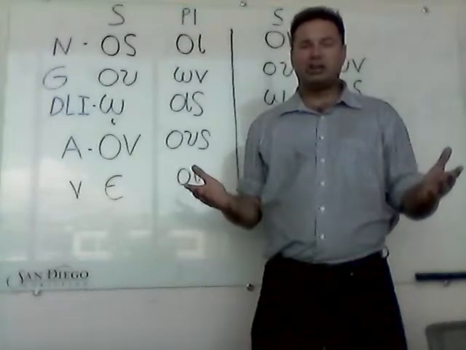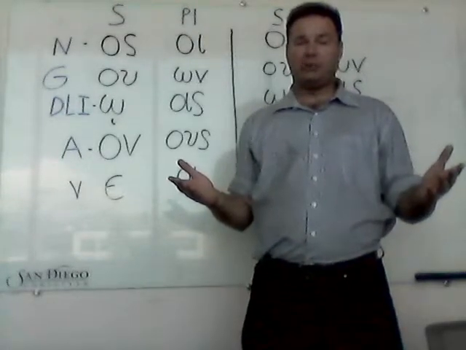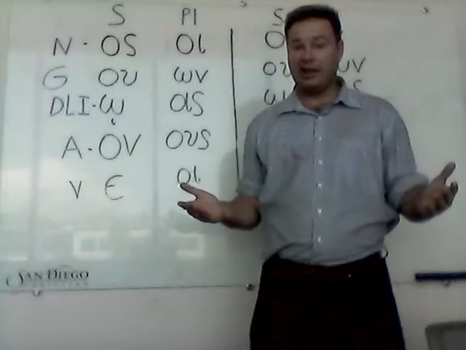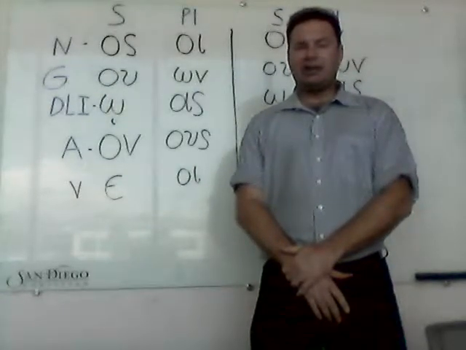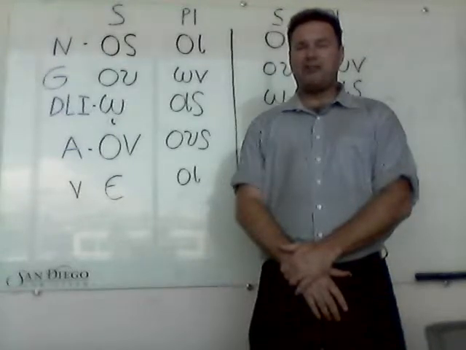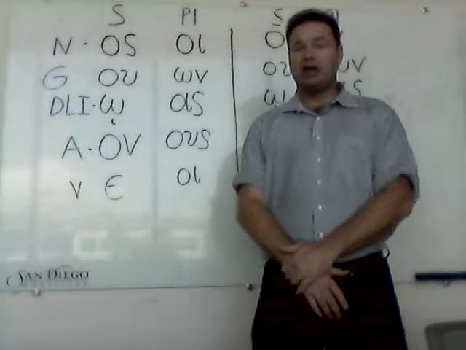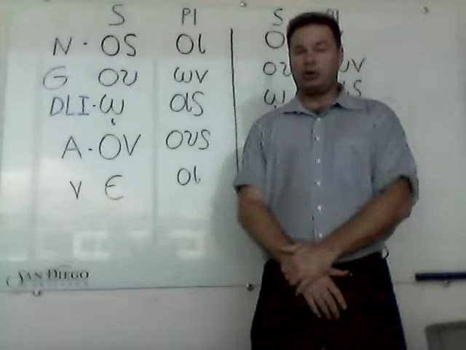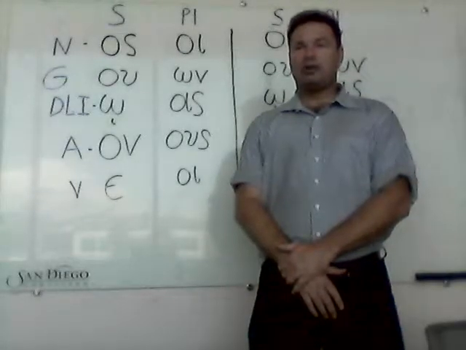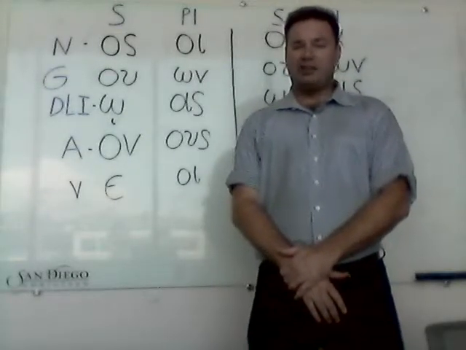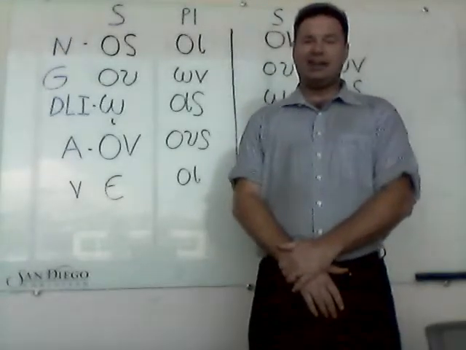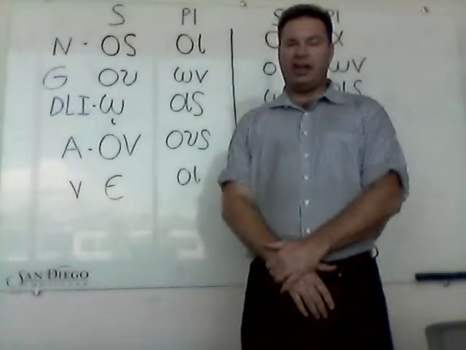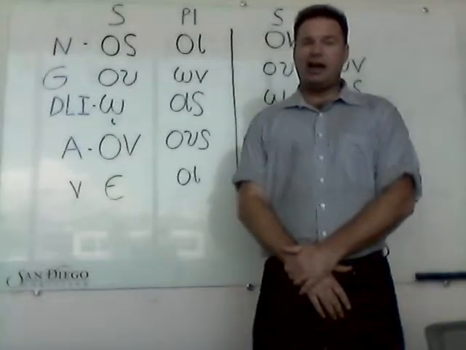Older Greek interpreters thought that there were 8 cases because there are 8 cases in Latin. However, Greek cases are determined by form, and there are really 5 true forms, and so there are really only 5 cases. We call them nominative, genitive, dative, accusative, and vocative.